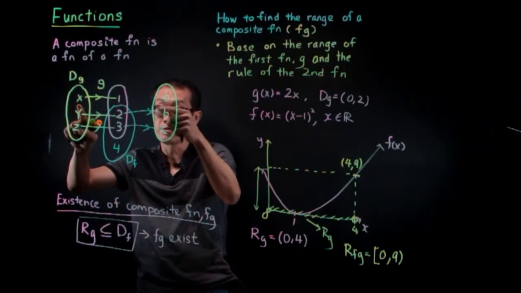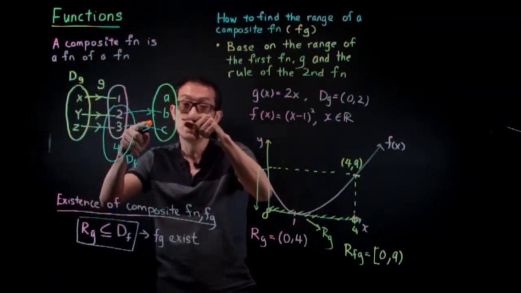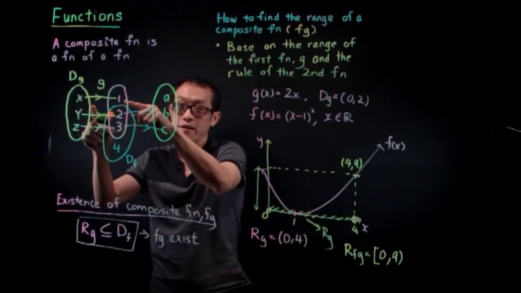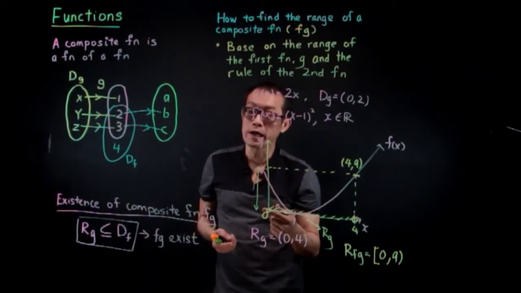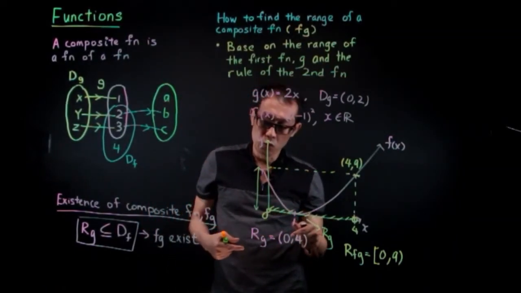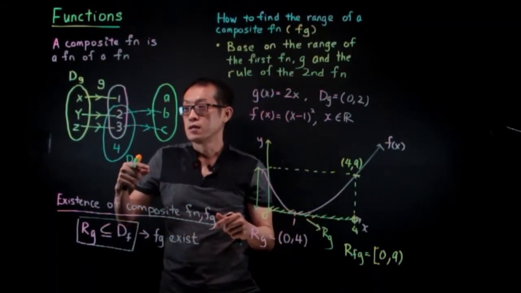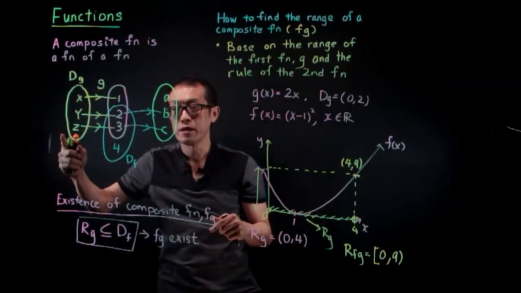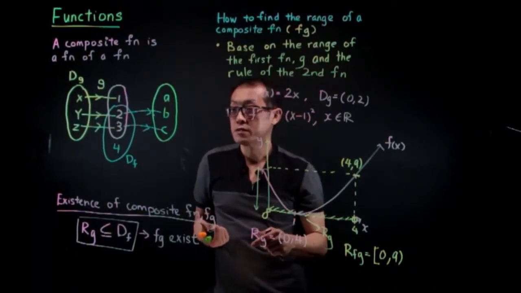So if you put this x into the composite function fg, it's stuck halfway, and then there's no output. Now if you look into the definition of a function, every member in the domain must have an image.